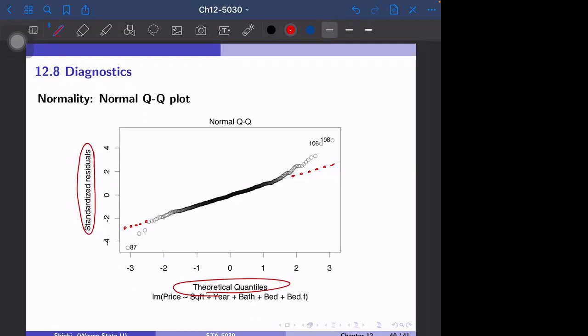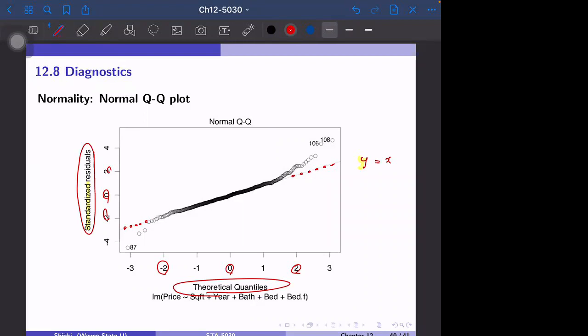And this is the standardized residual. So actually, this is the exact diagonal line, y equals x. You can see scales are a little different, 0 to 2 and 0 to 2, but probably this is the diagonal line.